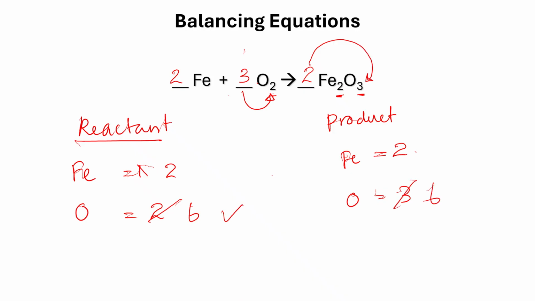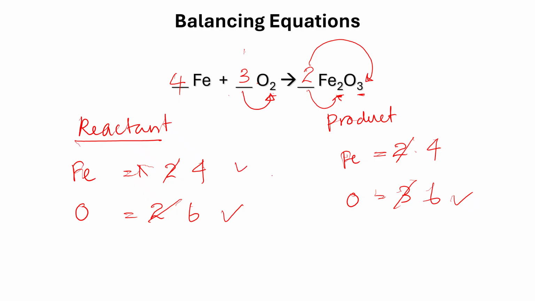Now oxygen is balanced. Still, iron is not balanced, because now you have 4 iron atoms in the product side. So what we can do is change this coefficient to 4. Now there are 4 iron atoms in the reactant side and product side.